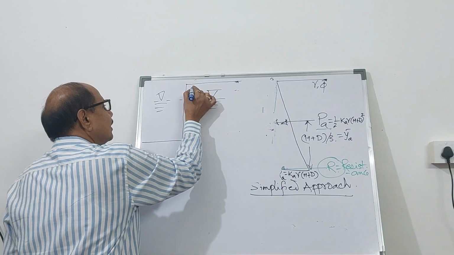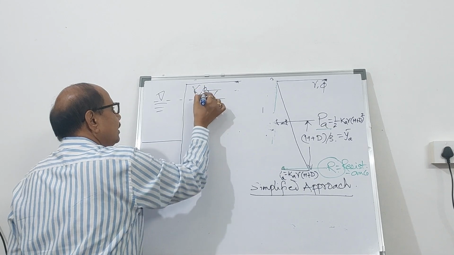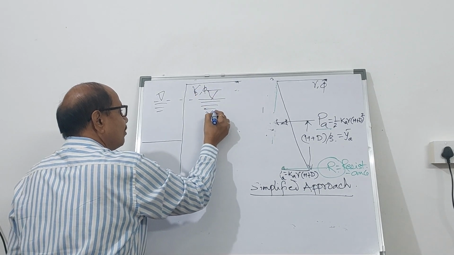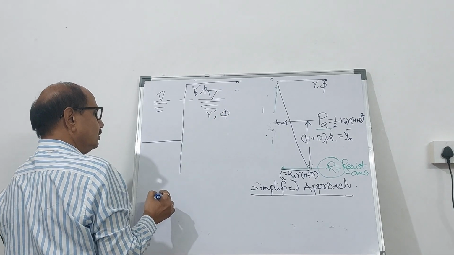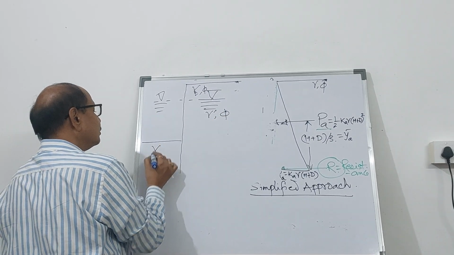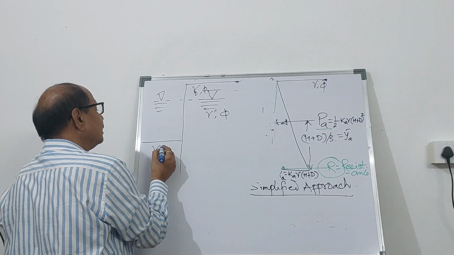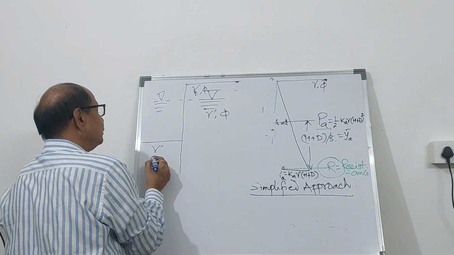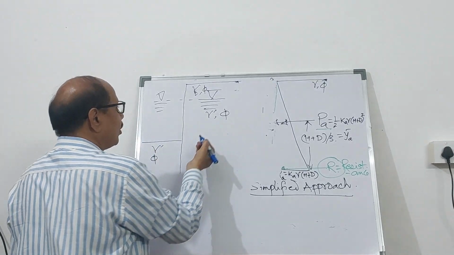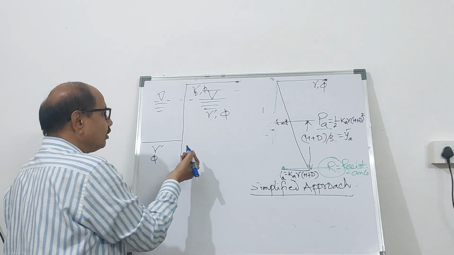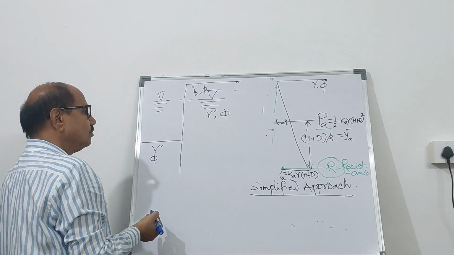So here it will be gamma T, total unit weight, and phi, and below this it will be gamma prime, that is the submerged unit weight, and phi. This side it is going to be gamma, and it is under water, so it will be gamma prime and phi. So like this, depending upon what is the situation at the site, you can draw the pressure distribution diagram.